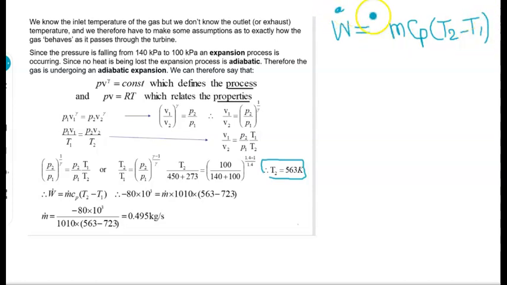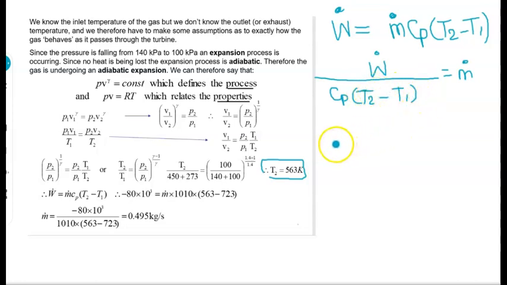Now there was a dot here and there was a dot here. So we got this value already. We are trying to find out the M dot. So if I make the M dot the subject, M dot is going to be W dot, and all these things that's being multiplied with an M will come here: Cp (T2 minus T1).